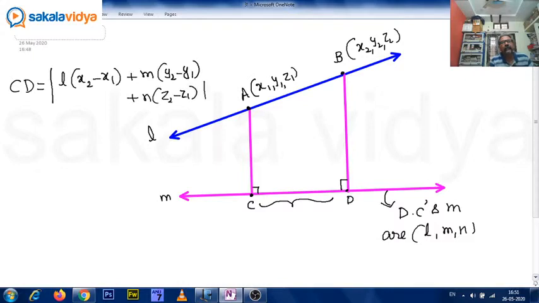So this is the formula to find the length of the projection of a line joining the points x1, y1, z1 and x2, y2, z2 on the line whose direction cosines are l, m, n. This is very, very important. It will be very important for vectors also. In vectors also, the length of the projection of a line on another line, or the shortest distance, we will discuss in the vectors chapter.